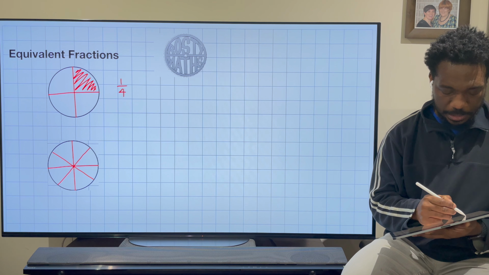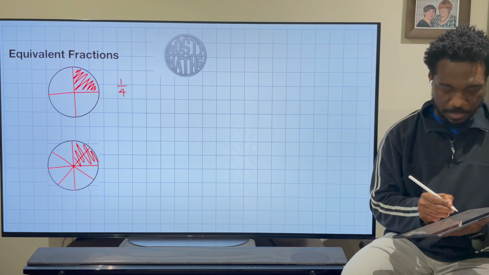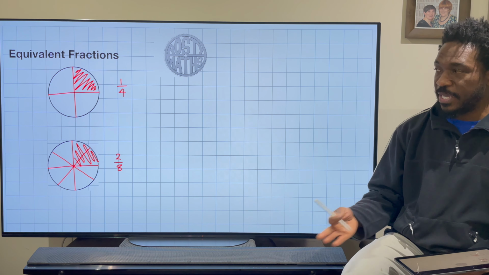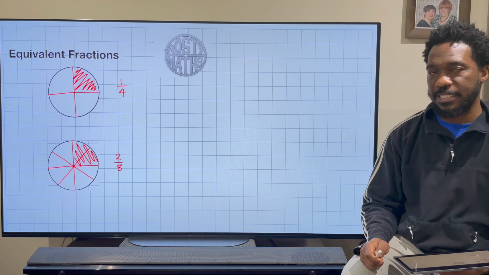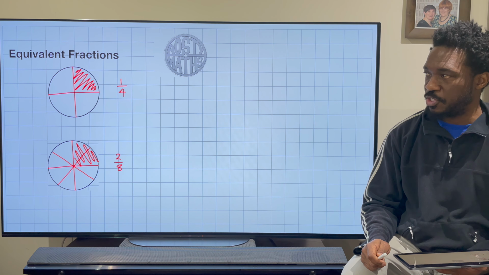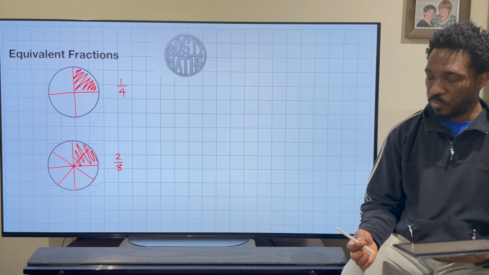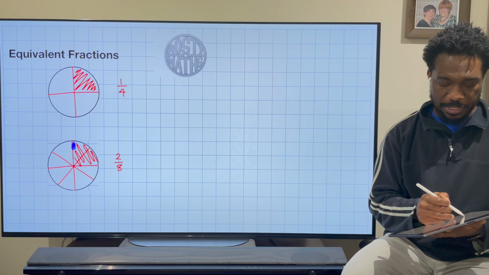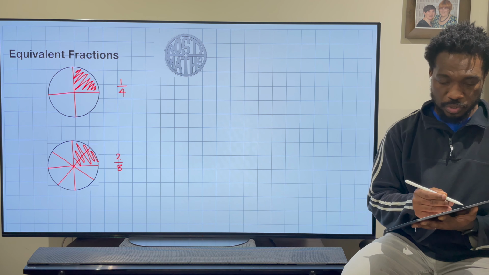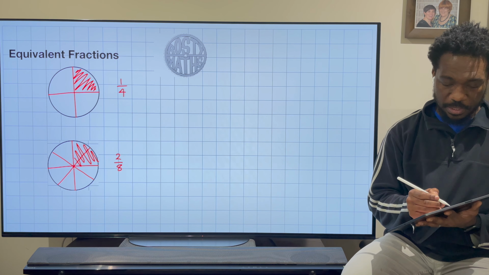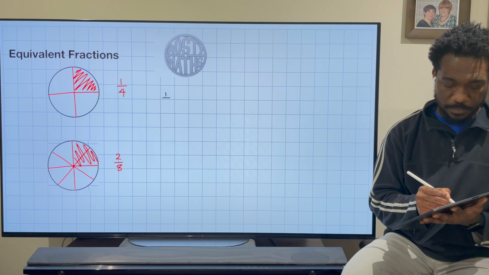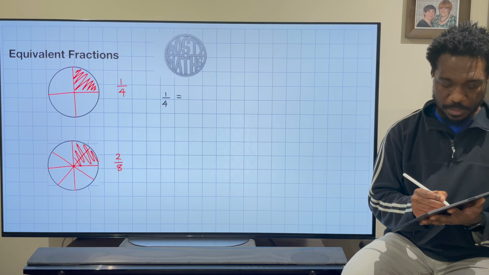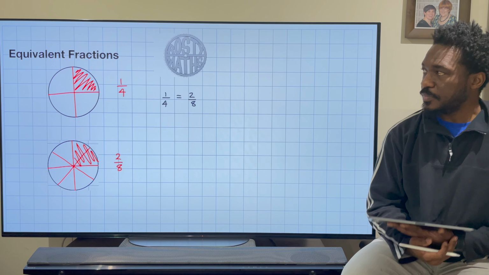As you can see, that's 2 eighths, because it's 2 out of 8 that's been eaten. This is exactly the same size as that. So I am saying to you that a quarter is equivalent, or exactly the same, as 2 eighths.